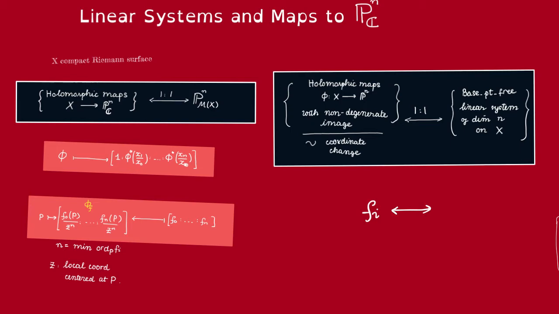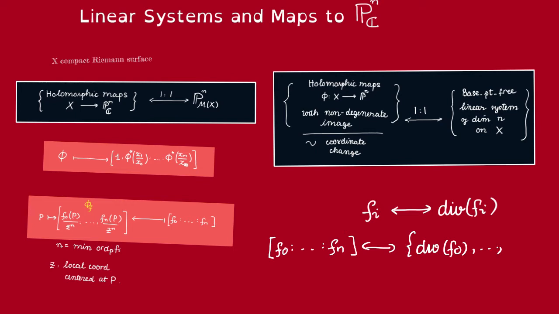So maybe we can think of Fi in terms of its divisor. So maybe we can associate to the map F0, ..., Fn the set of divisors div F0, ..., div Fn, because we can recover the Fi from this.